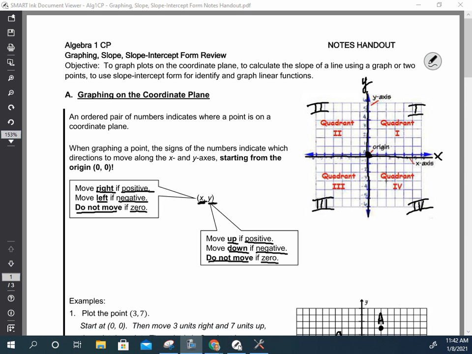So if it asks you to identify where it's located, there's only 6 possible answers: 1, 2, 3, 4, x-axis, or y-axis. Any questions on that before we continue? If you have a question, please make sure you ask.